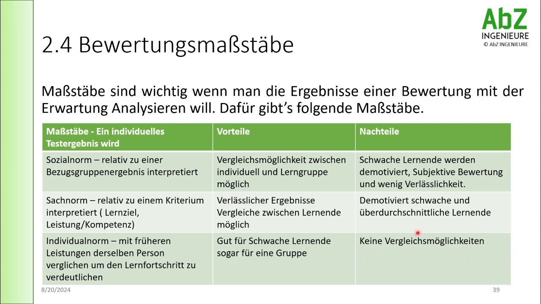But the comparison which you get is again relative. You cannot compare them against a particular standard or something. Just because the group did better doesn't mean that they are ready for the real world. So these are different Maßstäbe with which you can compare a result against an expectation.